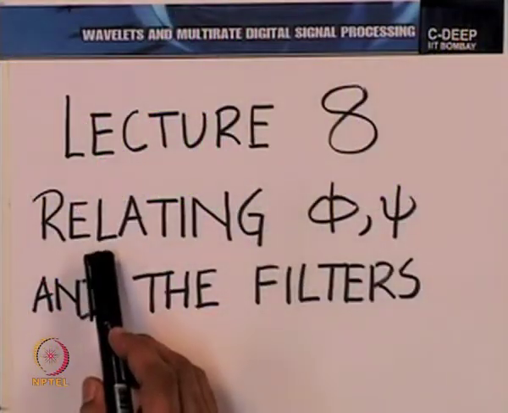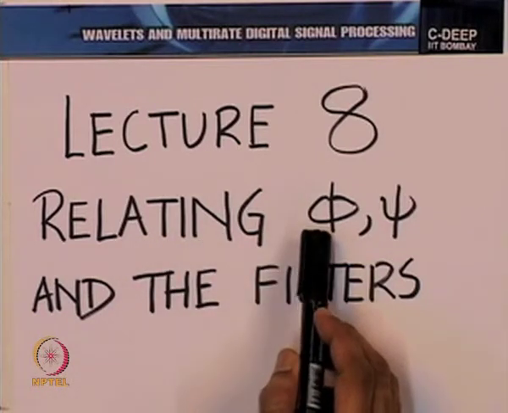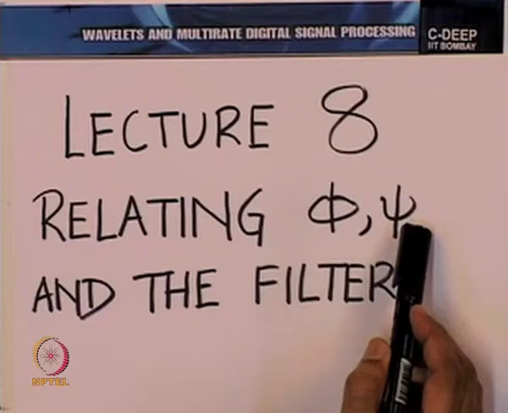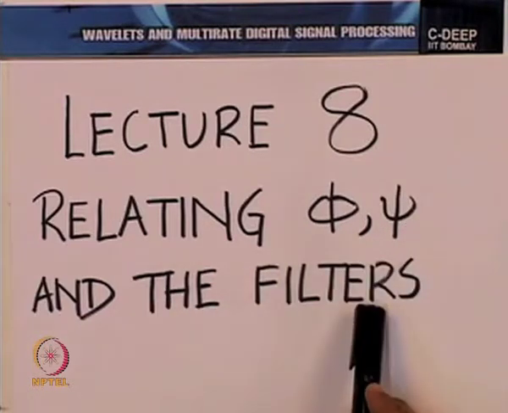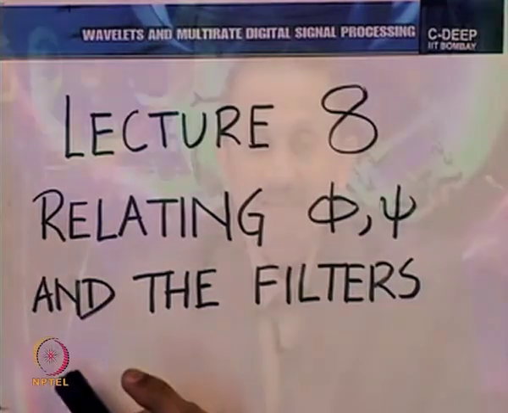We intend today to relate the scaling function phi, the wavelet psi and the filters that we talked about in the filter banks, namely the analysis and the synthesis filter banks. Towards that objective, the first step is putting down a generic structure for the analysis and the synthesis filter banks.